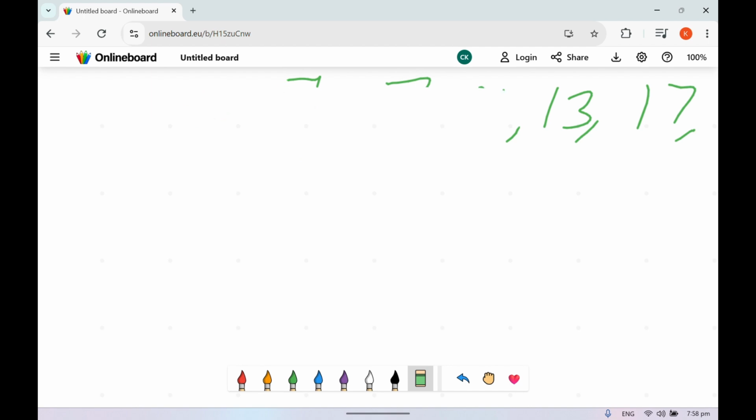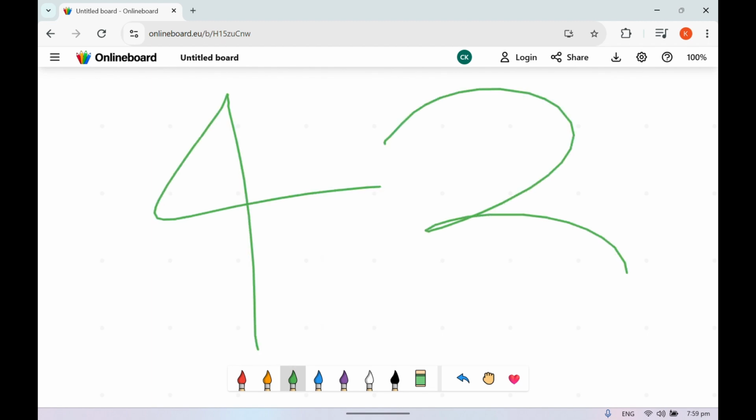Okay, so it's actually quite interesting. It's very easy to tell whether it's a prime number or not, as long as it's small enough. Basically, if I give you a number and I want you to tell me whether it's prime or not, here's my number. Is this number prime?